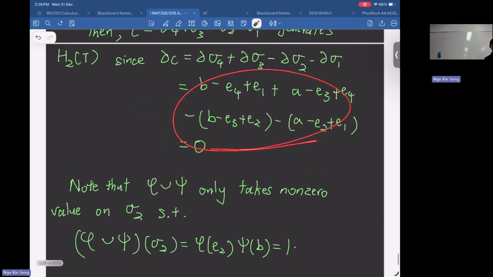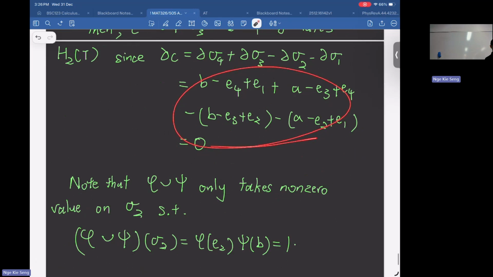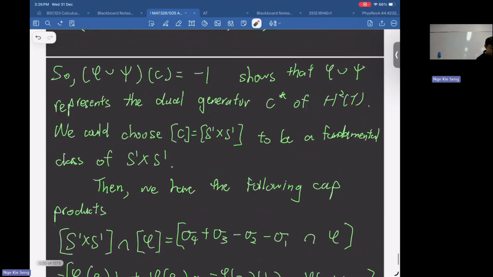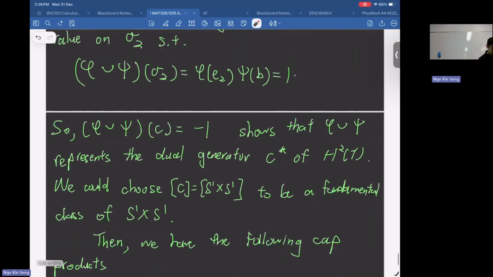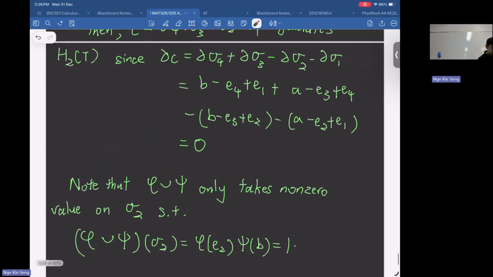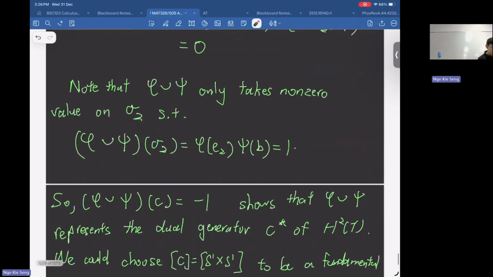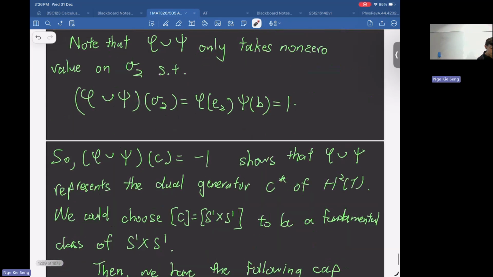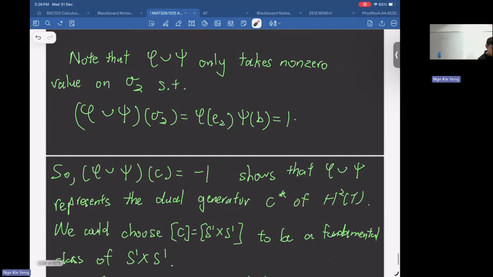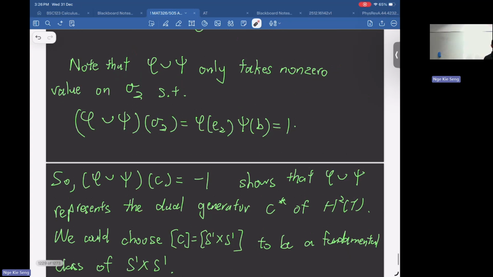Okay, so why are we caring about these things? Are we set to compute the Poincare map already? Not yet. But what we're gonna do is, let's see. If you cap these two together, I think last time we showed it already, right? If you take the two degree one generators and cap them together, we will get the degree two generator.